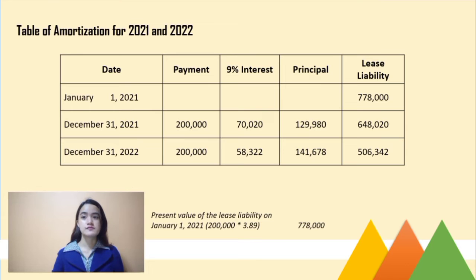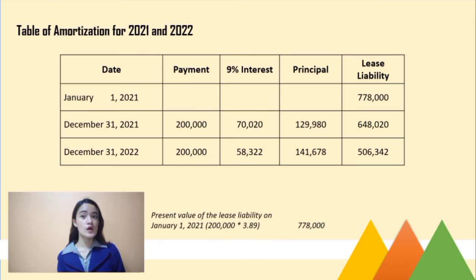So, from that, ide-deduct natin siya dun sa annual payment ni lessee, which is 200,000 based sa agreement nila. So, 200,000 minus yung interest na 70,020 pesos, we will get the principal payment of 129,980 pesos.